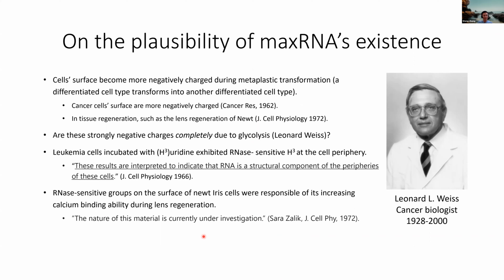Although at that time, Sarah perhaps was not completely ready to take Dr. Weiss's conclusion, and wrote, "The nature of this material is currently under investigation," while citing Weiss's paper. So these pioneer studies were not followed up for almost half of a century.